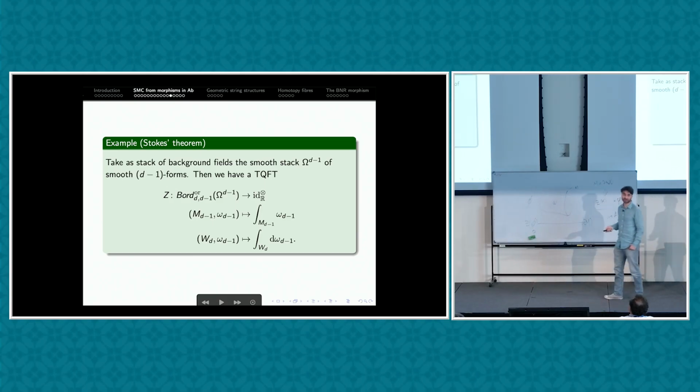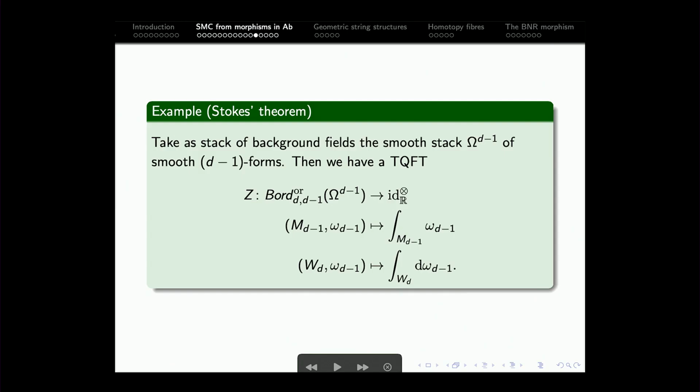So Stokes' theorem, but now without any restriction on the forms to be closed. In this case, I have just d-1 forms. So a d-1 manifold goes to the integral of the form, and a D manifold goes to the integral of the de Rham differential of that form.